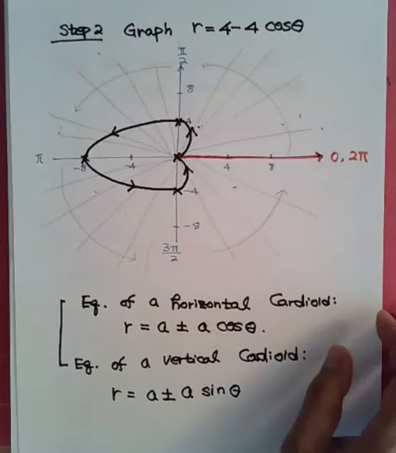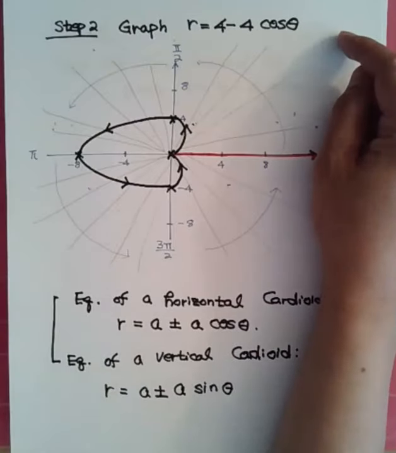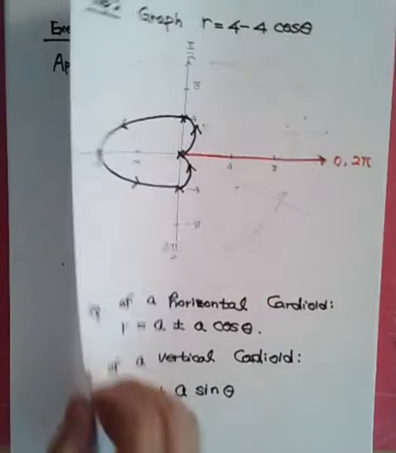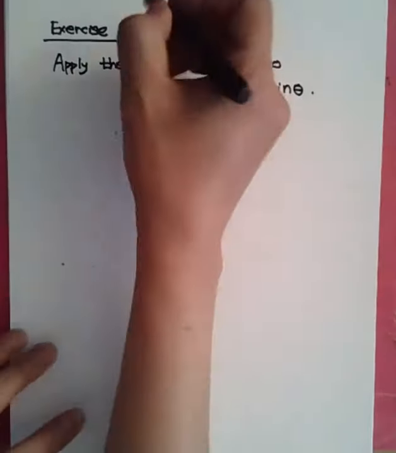In the previous example, we learned about how to graph the horizontal cardioid. You can practice with this problem. This is a vertical cardioid.